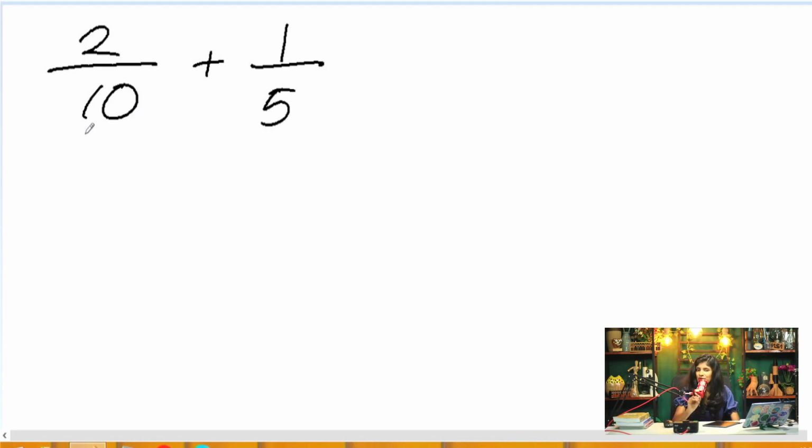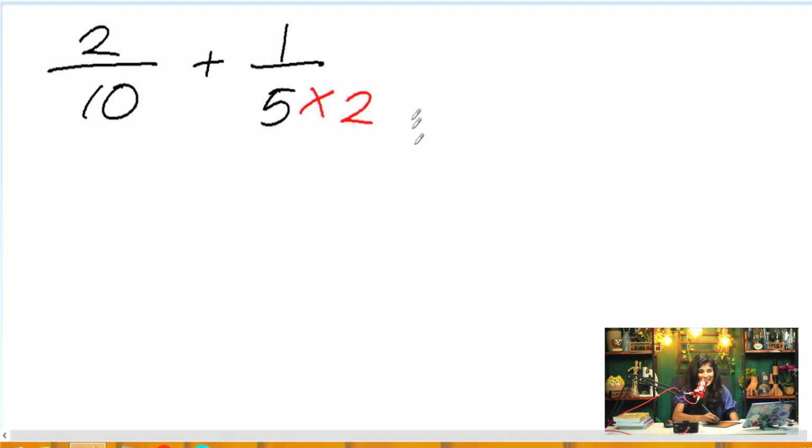But can we multiply 5 by a number and get 10 as the answer? Yes. We can multiply 5 by 2. Then the answer is 10, right? Okay, now keep in mind, with a fraction, we can't do something to only one part. We have to do the same thing to the denominator and numerator both.